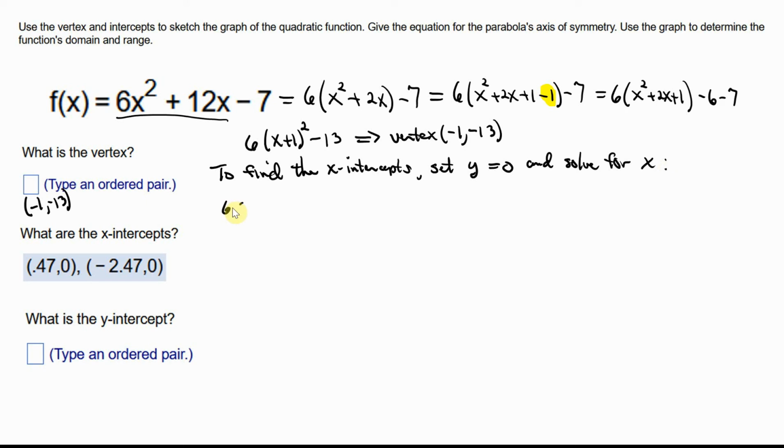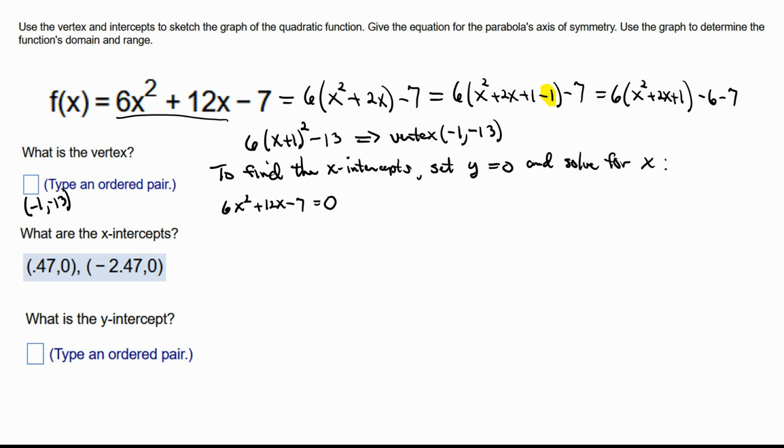So basically we have 6x squared plus 12x minus 7 equal to 0. We got to factor this. It's not going to be perfect. It's not going to be sweet and smooth.